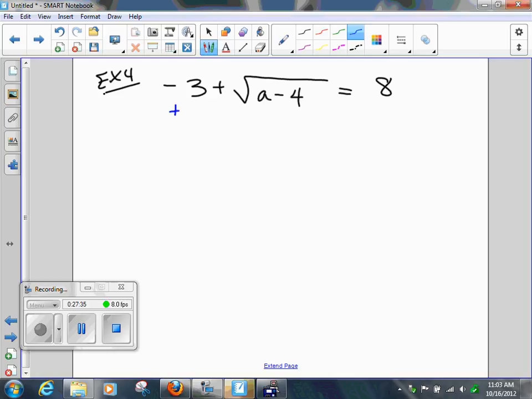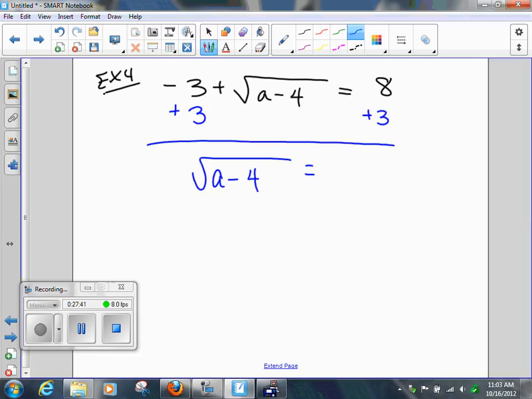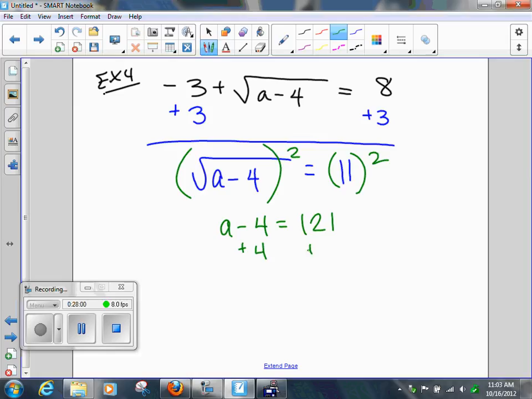Add 3. Why? Get the radical by itself. 8 plus 3 is 11, right? What do I do now? Square both sides. What do I end up with on the left? A minus 4. 11 squared is 121. Add 4, we get what? A is equal to 125.